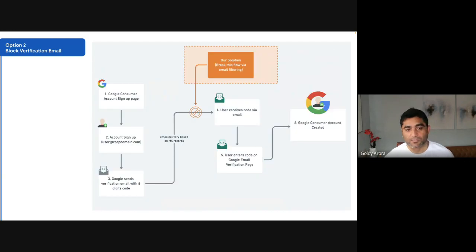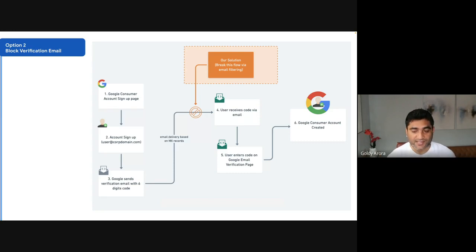Another option may be to block the verification email. As you saw in the consumer account creation flow, we send a 6 digit code to that user's corporate email address, which will be delivered based on your MX records.